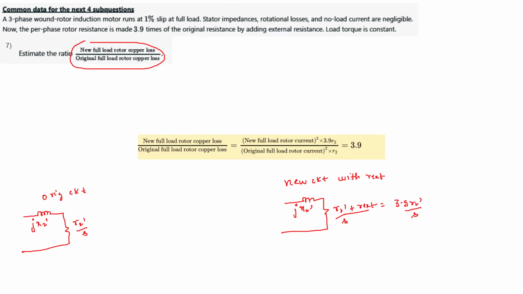Now we have to find the copper loss. This is I full load original, and this is I full load new. What is the copper loss? Copper loss at full load is I full load square into the rotor resistance.